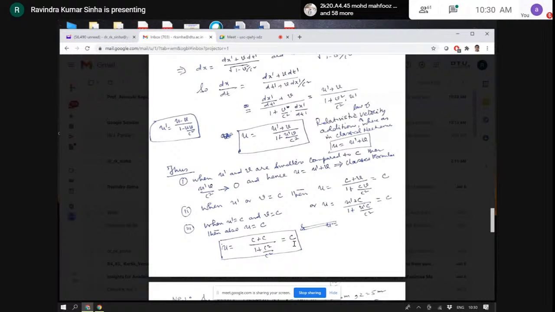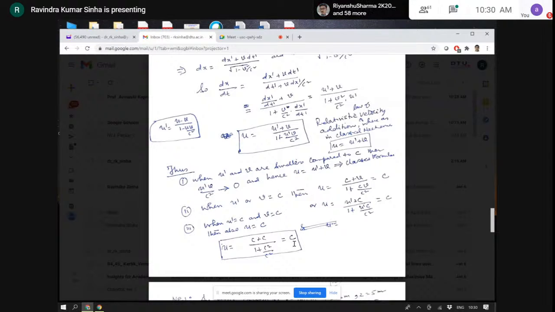Let's say I give you a numerical problem. One object is moving along the positive x direction, and on the same line another object is moving along the negative x direction, approaching. Ideally you could have recorded a higher velocity, but you will not.